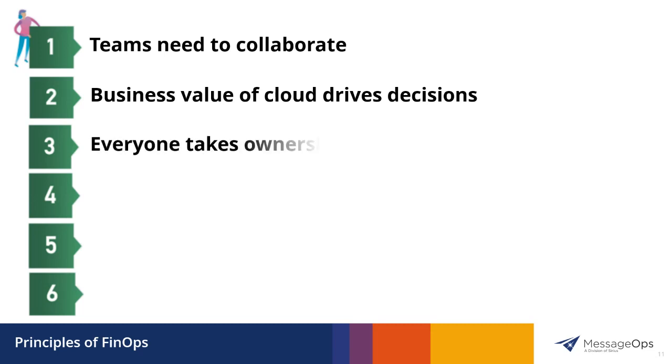The next, Kevin, is everyone has to take ownership for their cloud usage. This cannot be an IT thing. That is the last thing. You will fail if everybody blames IT. We need everybody in the business line down the stream to take ownership.